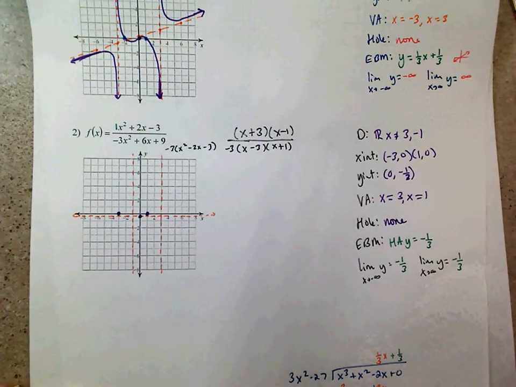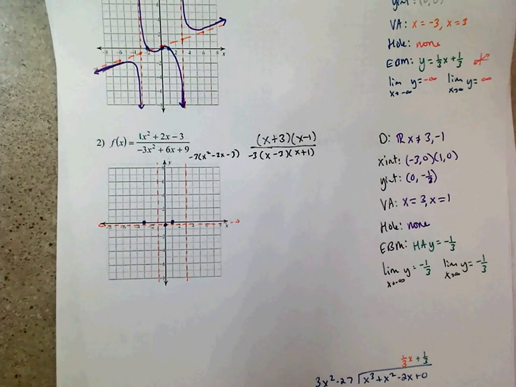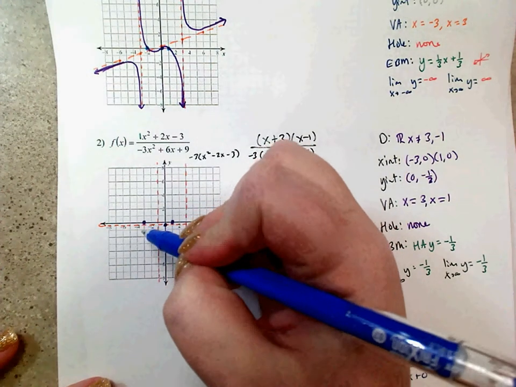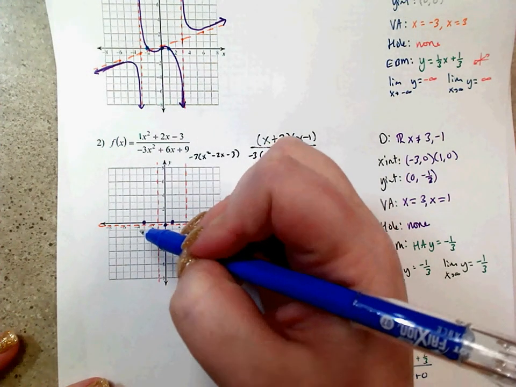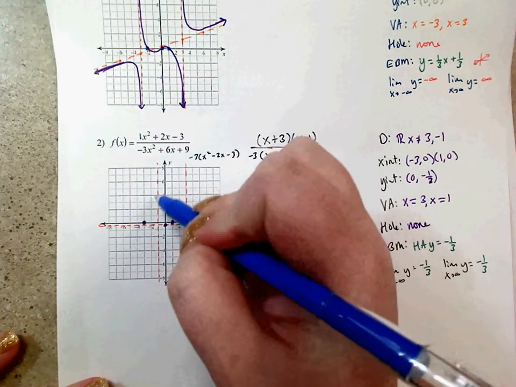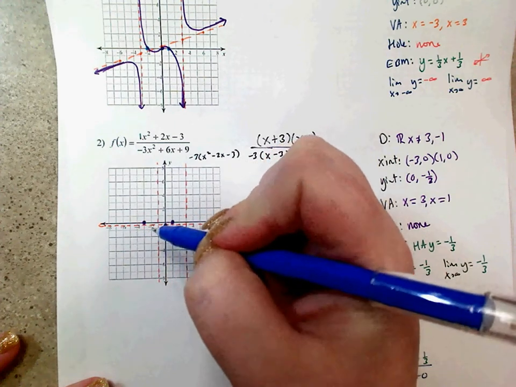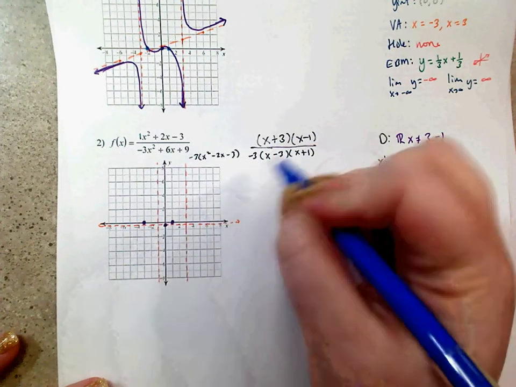So at this point, I need to sketch, and here's what I know. I know that I have an x-intercept above the horizontal asymptote in this case, which means I think I'm going to be going up here. I can make sure, though. I'm going to plug in -2 into these and see what signs I get, okay?